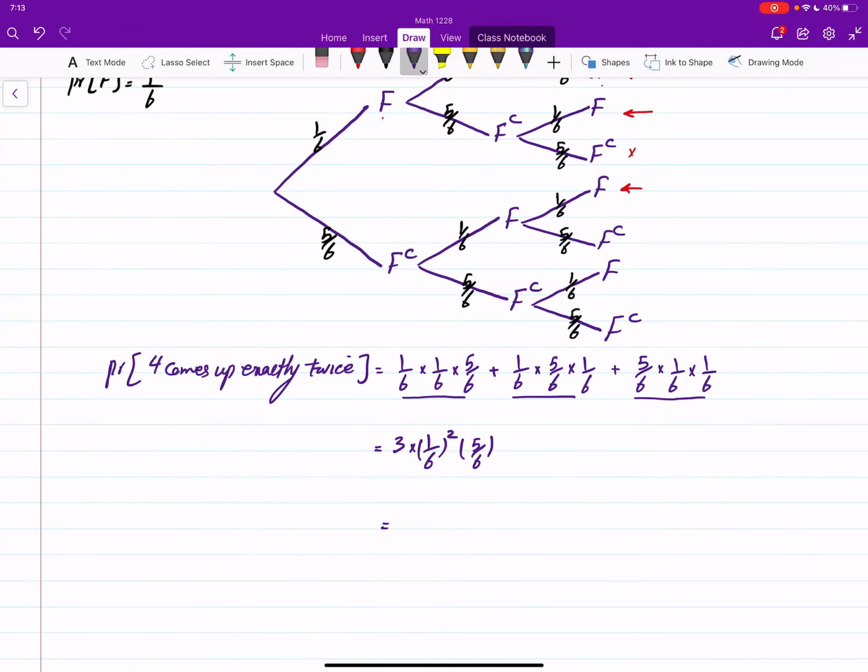Or another way of seeing this is that I am interested in choosing 2 of these rows to be 4. As you see here, these 2 or those 2 or the last 2. But it doesn't matter what the order is. We can count how many ways we can choose 2 of these places to be 4. 3 choose 2 is what we have.